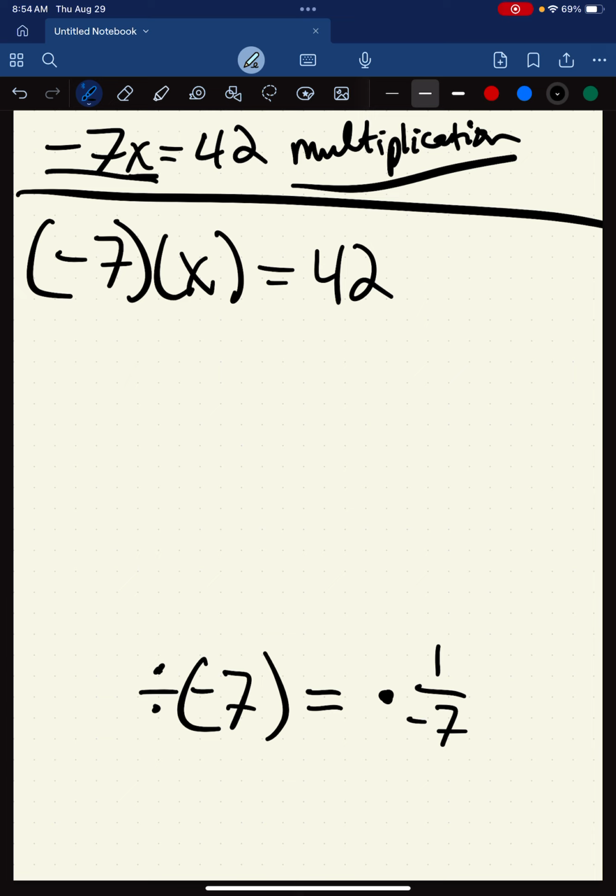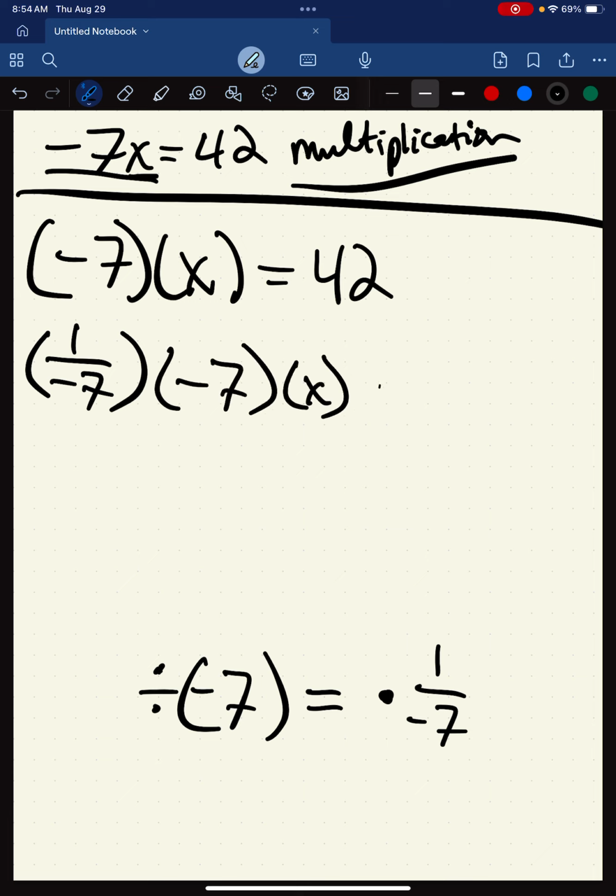So let's multiply both sides by 1 divided by negative 7. So we have 1 divided by negative 7 times negative 7 times x is equal to 1 divided by negative 7 times 42.